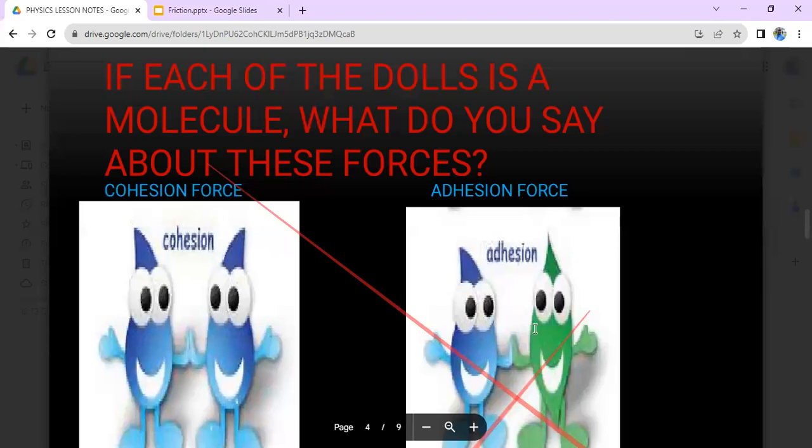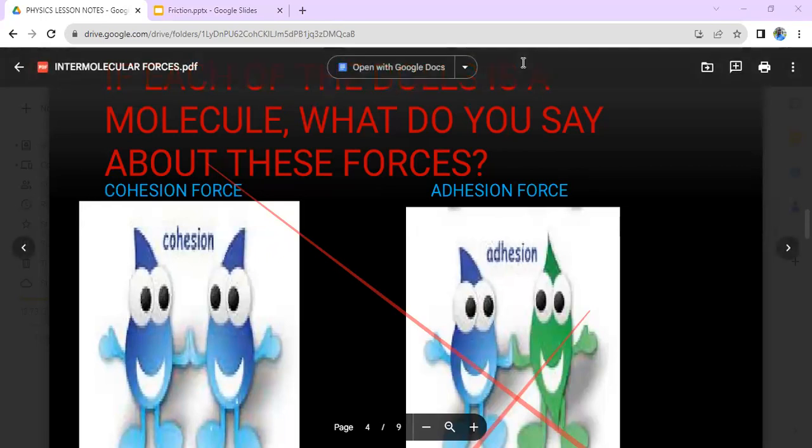Now, I want you to look at the text. If each of these dolls is a molecule, what do you say about the forces? So you look at the dolls that you are seeing. What is the difference between the dolls in cohesion and the dolls in adhesion? Can anyone give us your view on that?